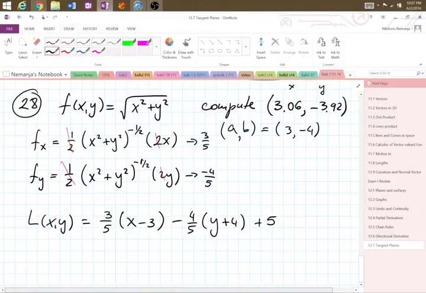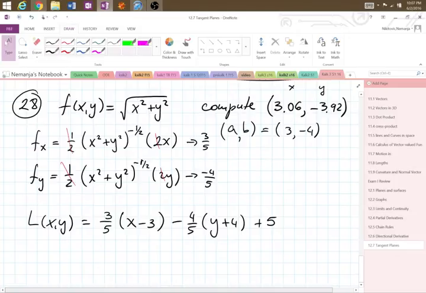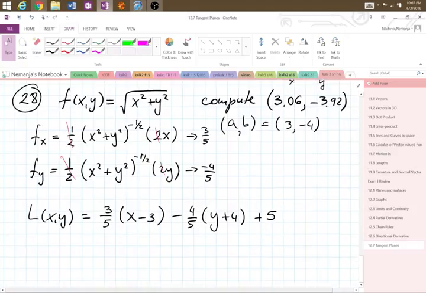So now this is where you compute. We can simplify this, put the fractions together and all of that, but I don't know if you actually gain anything. So now you would plug in 3.06 here, and you would plug in -3.92 for the other one.